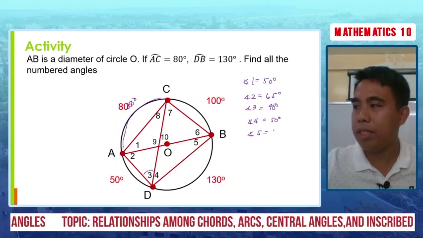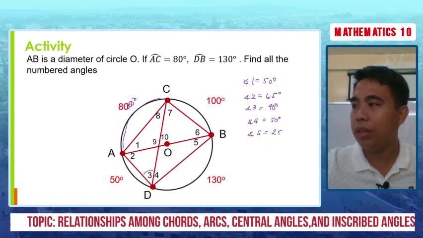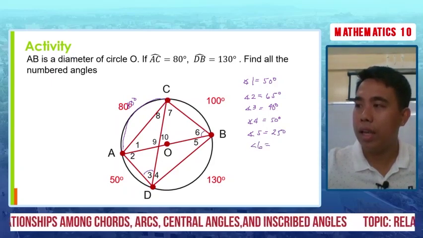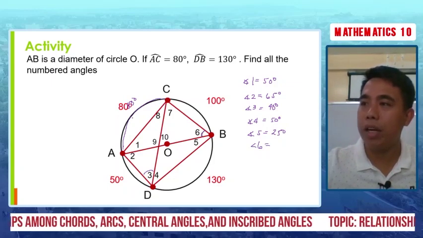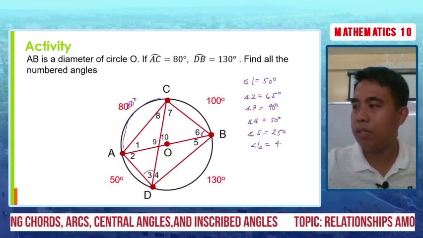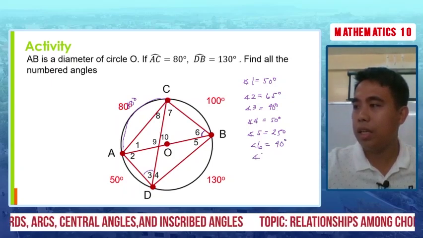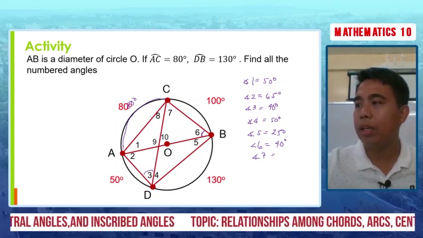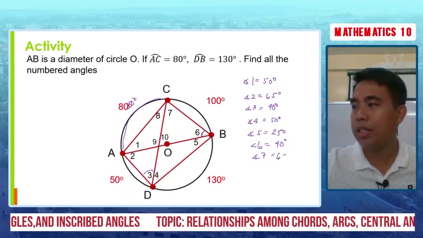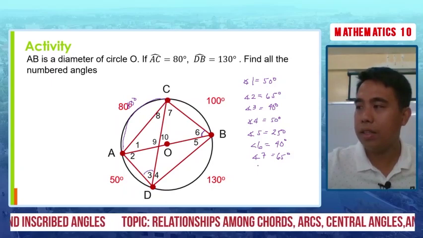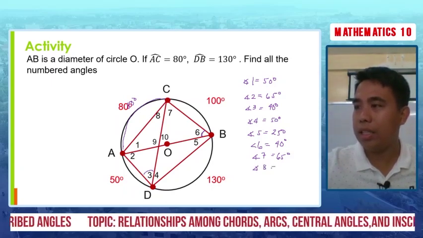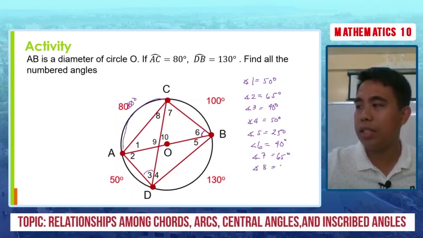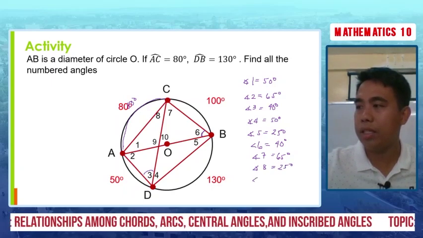Therefore, angle 5 is an inscribed angle, it is 25 degrees. Angle 6, its intercepted arc is 80. Therefore, this is 40 degrees. Angle 7, its intercepted arc is 130, so this is 65 degrees. Then angle 8, its intercepted arc is 50. Therefore, this is 25 degrees.